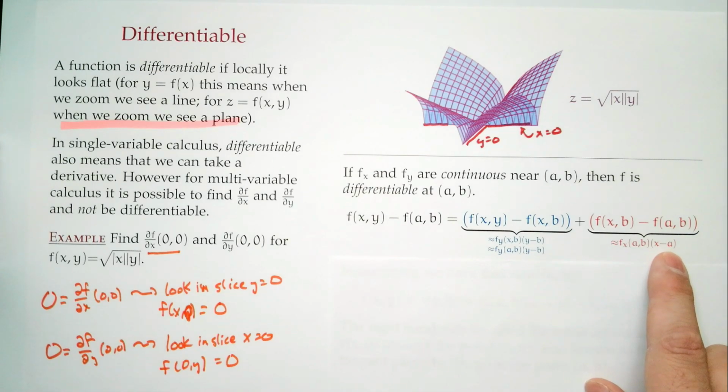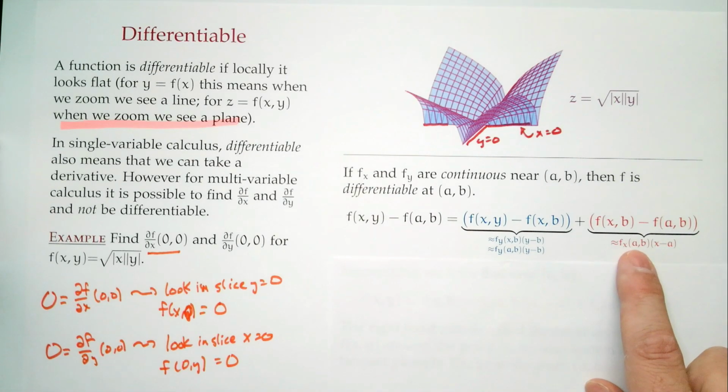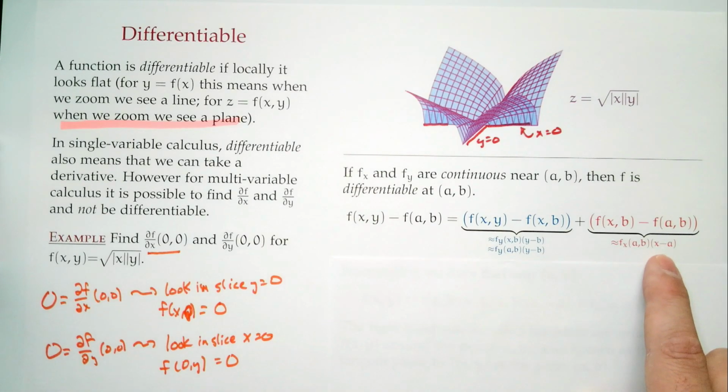In other words, this is the type of idea that we use from Calculus 1. We say if I want to know how much the function changes in the output, I take the derivative times the change in x. That's an approximation for how much the function varies. Now the approximation, of course, gets better the closer we are to the point, and that's the idea of zooming in.